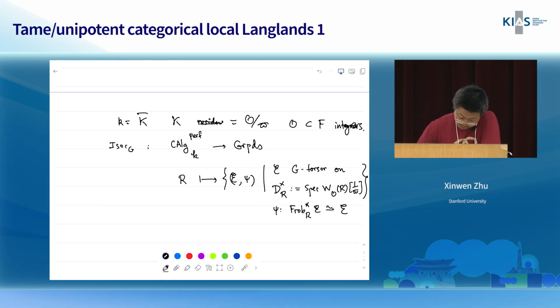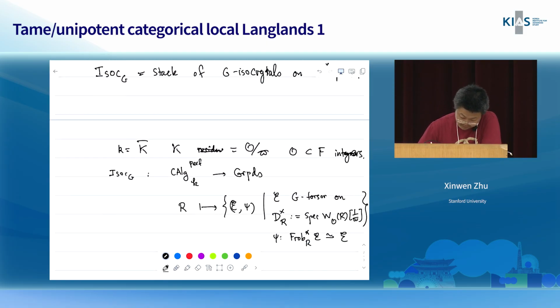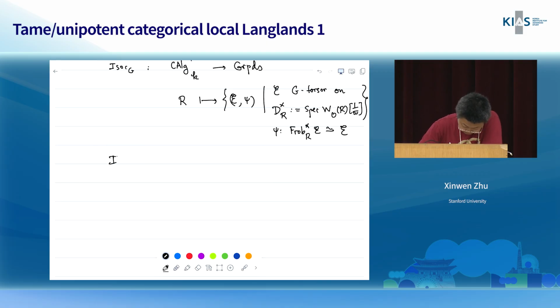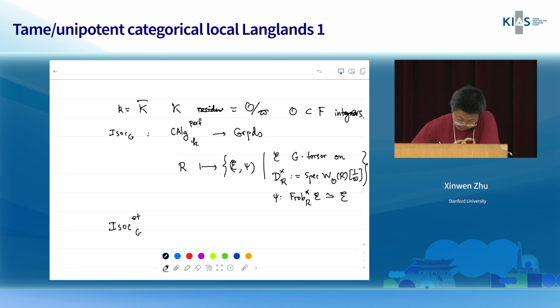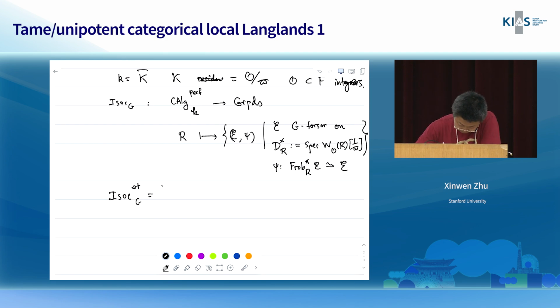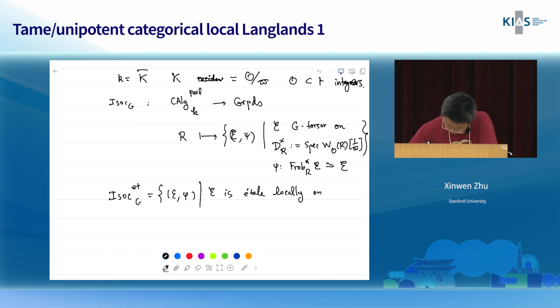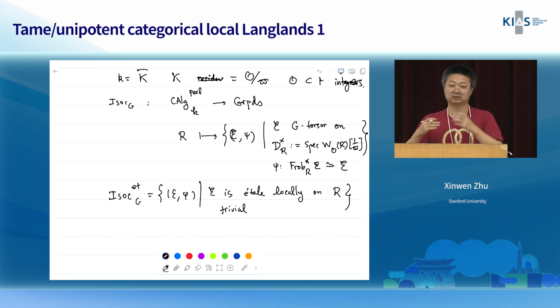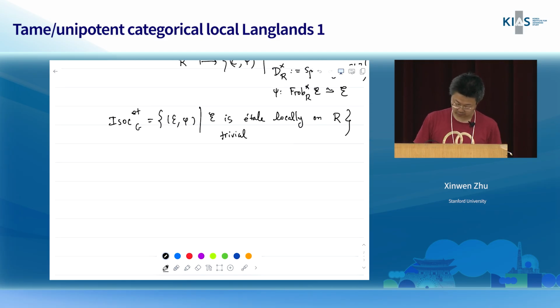In practice, we work with something slightly different. Let me call it Isoc^et_G, to be those (E, phi) such that E is etale locally on R trivial, meaning there's an etale cover of R such that this torsor becomes trivial.